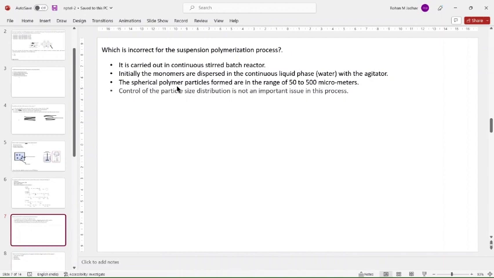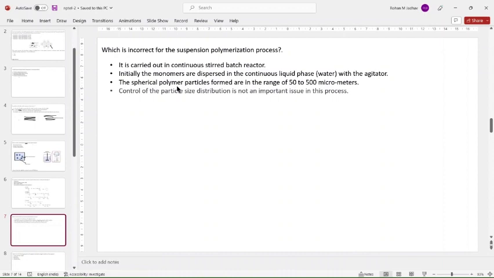So, from point 3 you can find out the answer to this question. Point 3 is correct in case of suspension polymerization because the particles are formed in the range of 50 to 500 micrometers. Because of this, we can know that control of the particle size distribution is actually an important issue in this process.